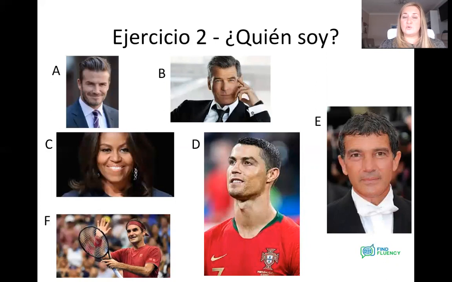Number 4, número 4. Soy de Estados Unidos. Number 5. Soy de Inglaterra. And number 6, last one. Soy de España.